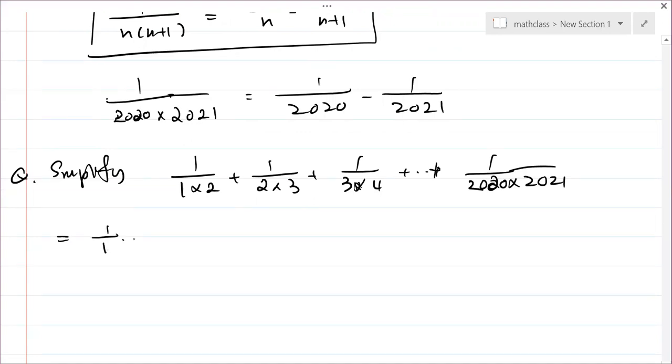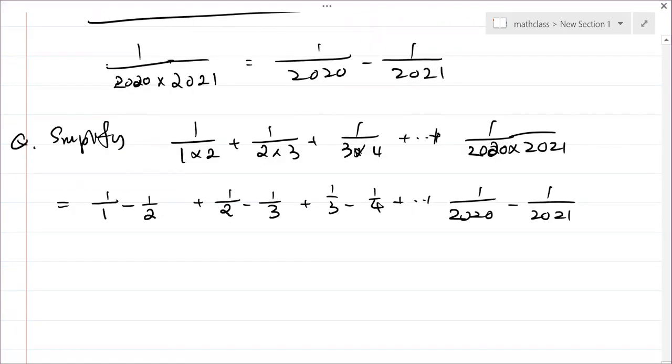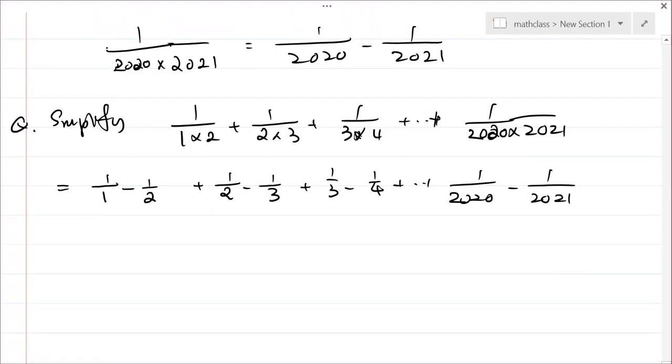It's going to be 1 over 1 minus 1 over 2, and 1 over 2 minus 1 over 3, 1 over 3 minus 1 over 4, and keep going, to 1 over 2020 minus 1 over 2021. Then you see that all of them cancel out.